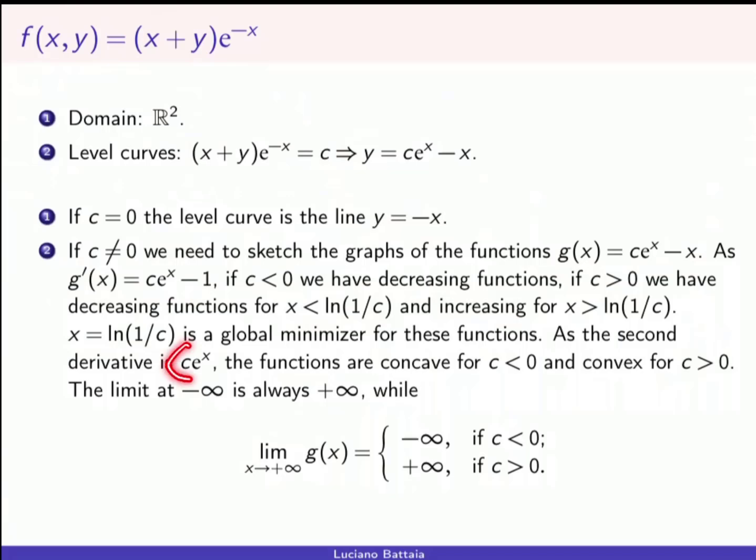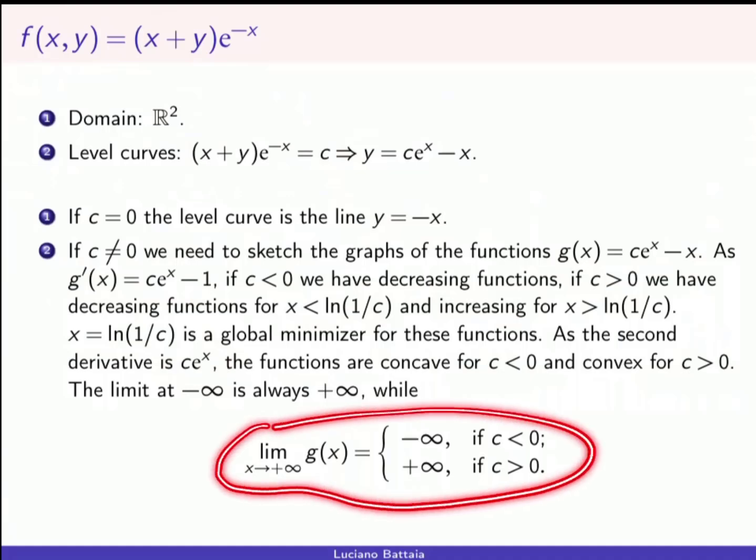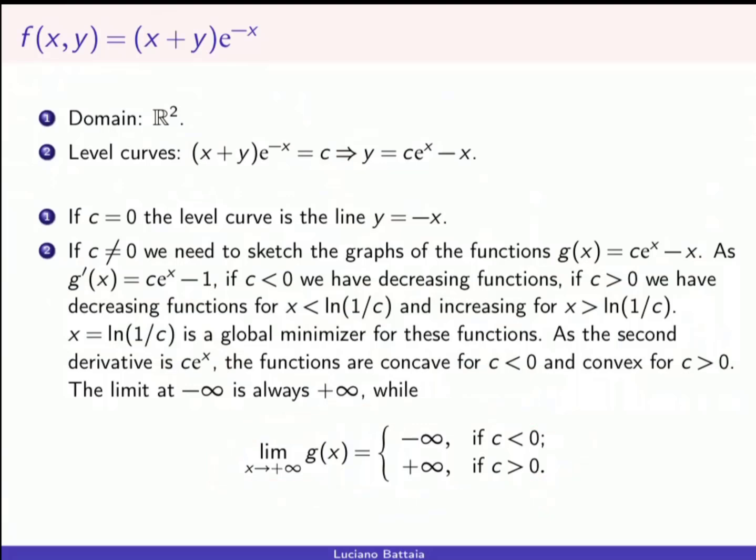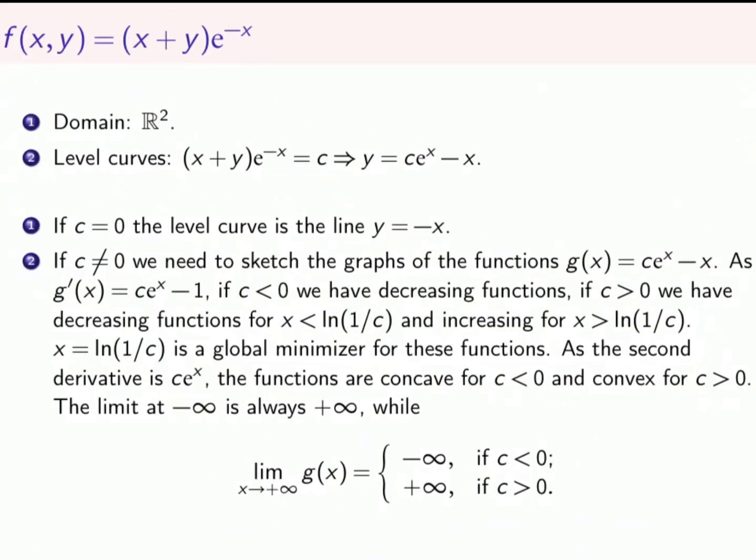It is c e to the x, so the functions are concave for c negative and convex for c positive. Also the limits can be easily computed. The limit for x tending to plus infinity is minus infinity if c is negative, plus infinity if c is positive, while the limit at minus infinity is always plus infinity.